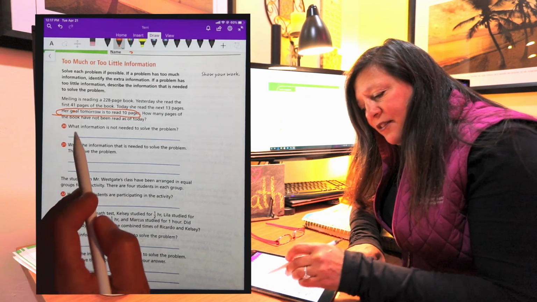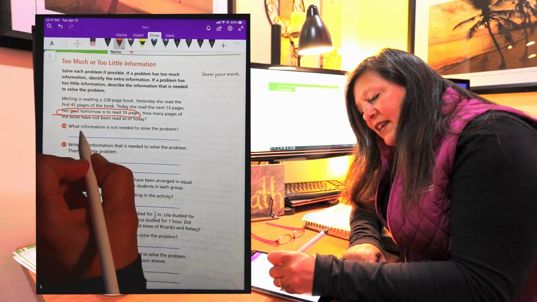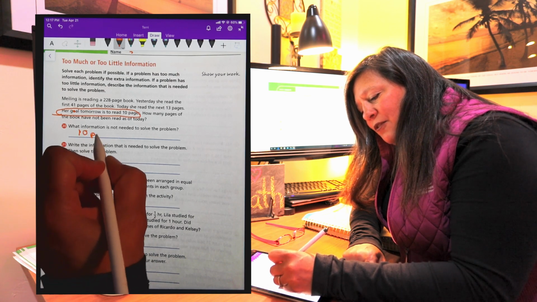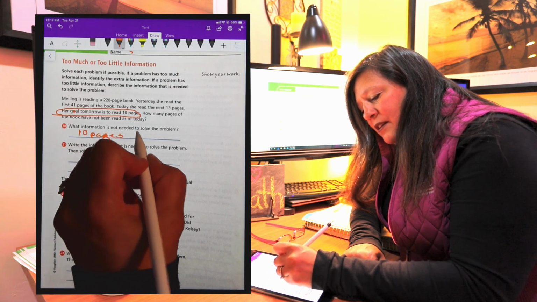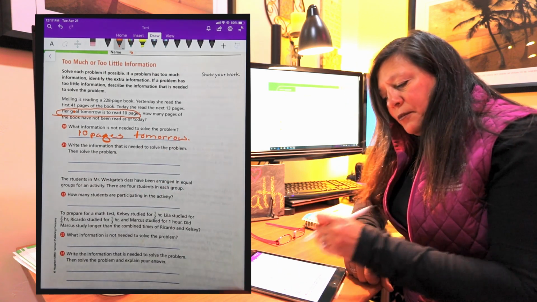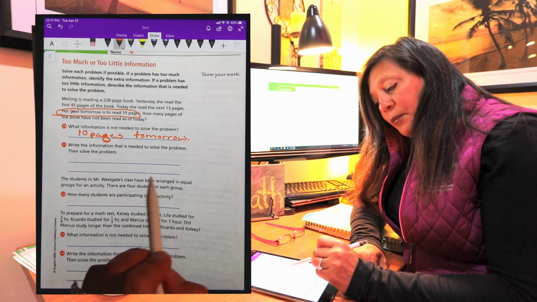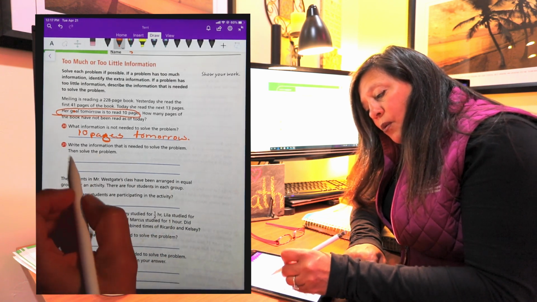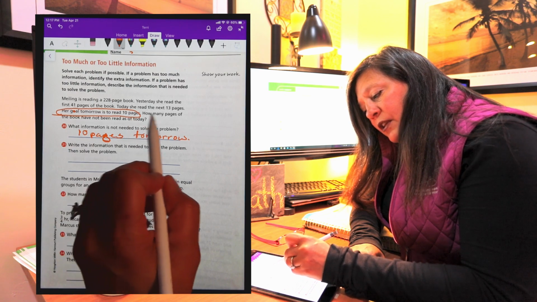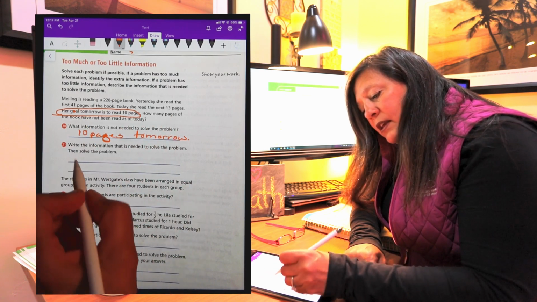We don't need that. So the answer to number 20, what information is not needed, is the 10 pages that she's reading tomorrow. We don't need that information to answer the question. So what information is needed to solve the problem? We know that today she read 13, and yesterday she read 41.